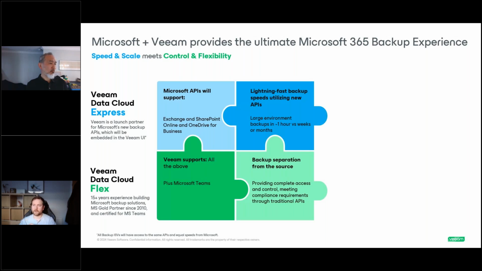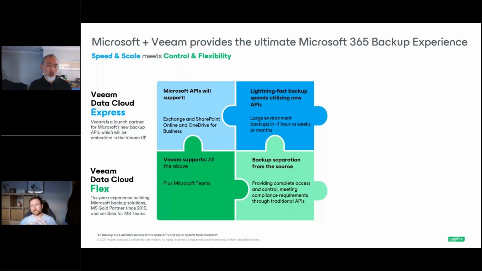And this is something I was alluding to earlier. So Express is the fastest speeds available on the market there because we can do up to 6 terabytes per hour. It's up to 3 terabytes per hour for Exchange, and it's up to 3 terabytes per hour for OneDrive or SharePoint there. And the onboarding is incredibly fast. The RPOs are excessively low. They are 10-minute intervals.